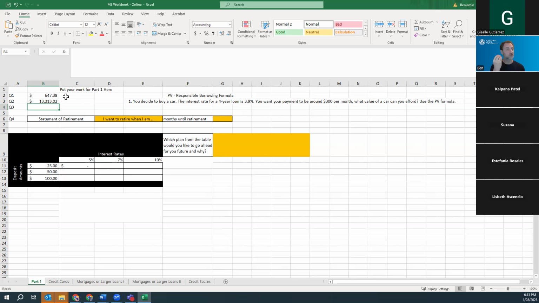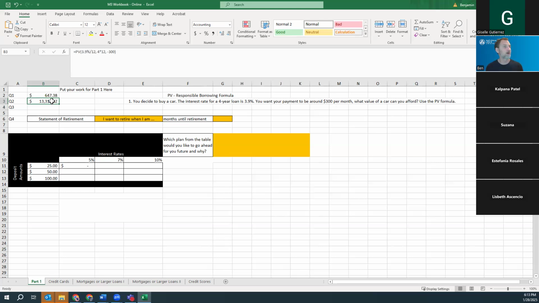And again, I think it's good at the end of that process to ask yourself, does it make sense? So if I borrowed for a longer period of time and paid a bigger monthly payment, should I expect to be able to borrow more money or less money? Like if I did this one, but I just said, oh, I'll do it for 6 years.